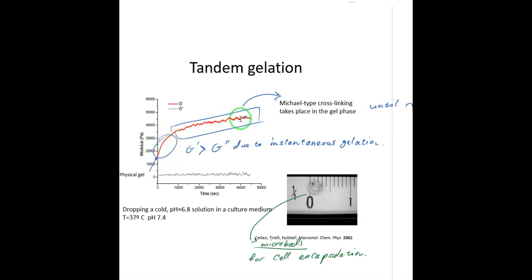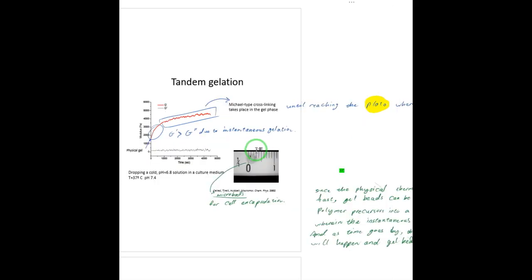And after some time, when all of them are cross-linked, we will reach the plateau, so it will not increase anymore because all the polymers are now connected to each other, and we have the maximum cross-linking between all the polymers, and the network is as packed as possible.